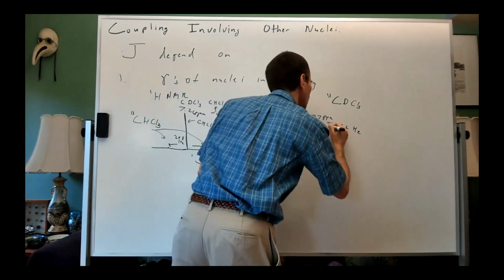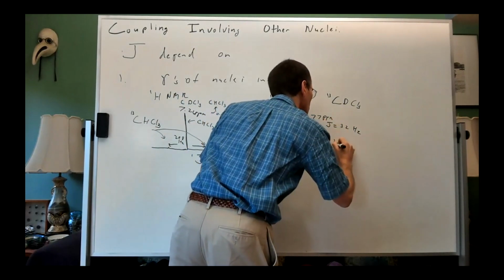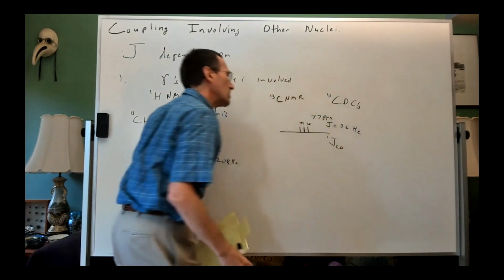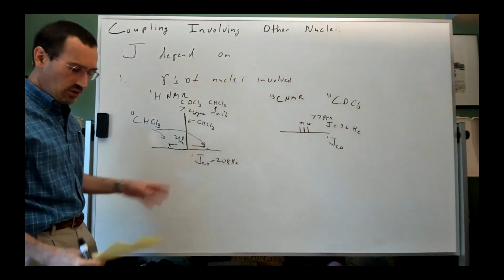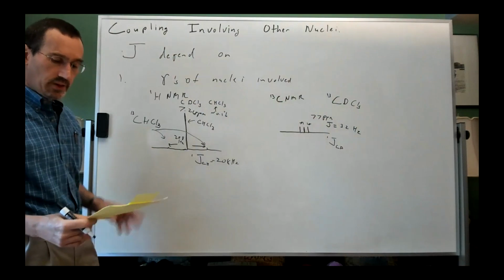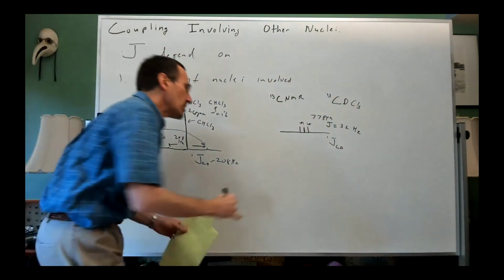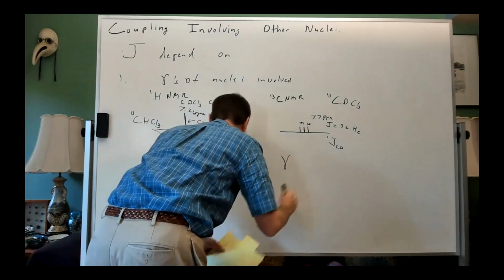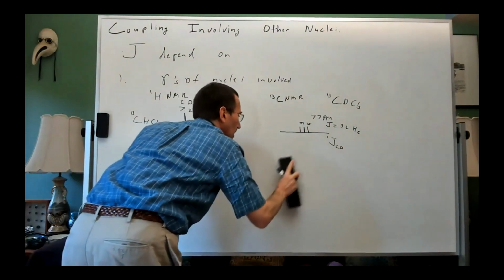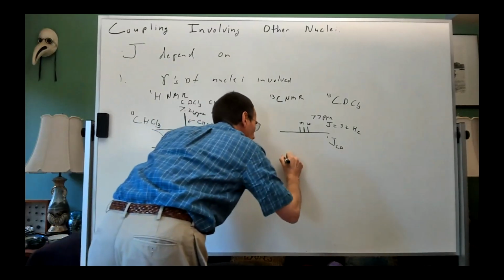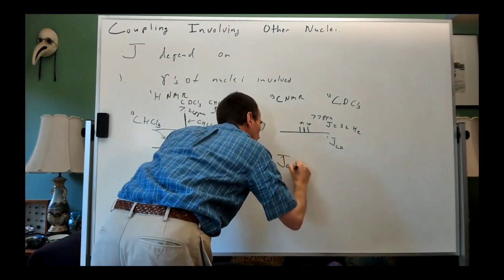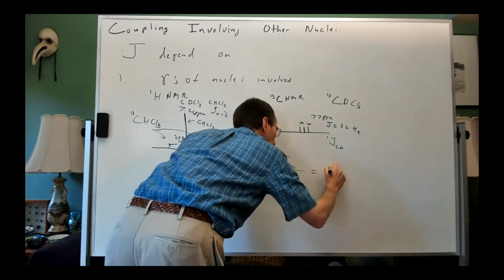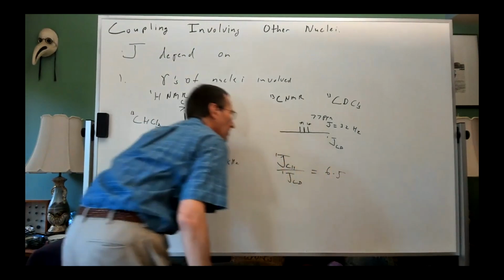And that specifically is a J1 CD. Of course, I'm using D and H2 interchangeably. And so the ratio of the coupling constants, J1 CH to J1 CD, is equal to 6.5.